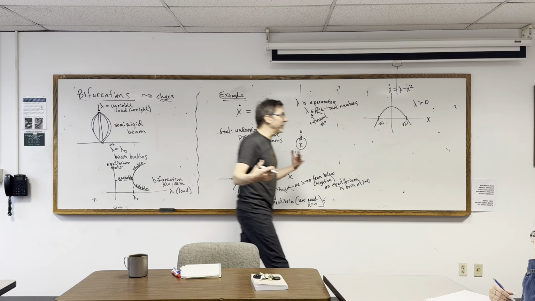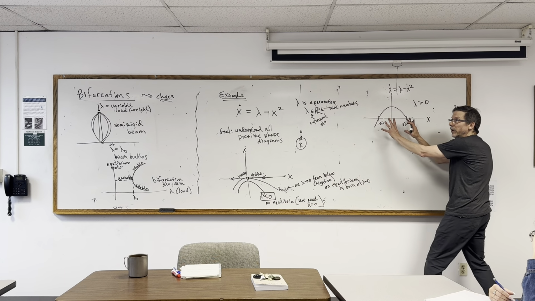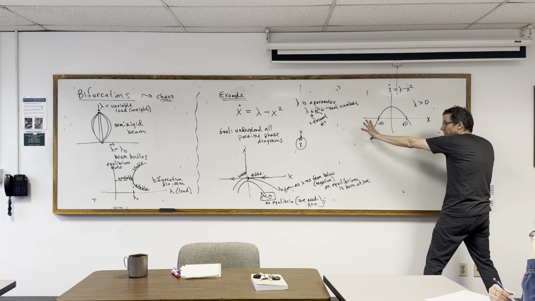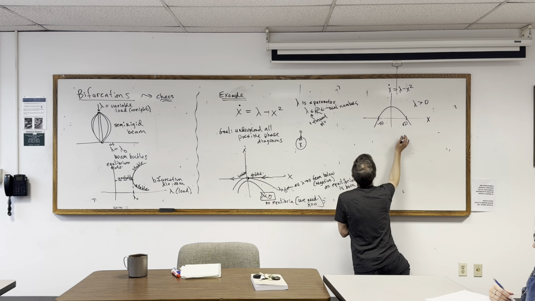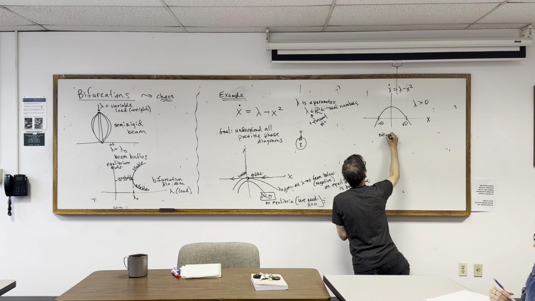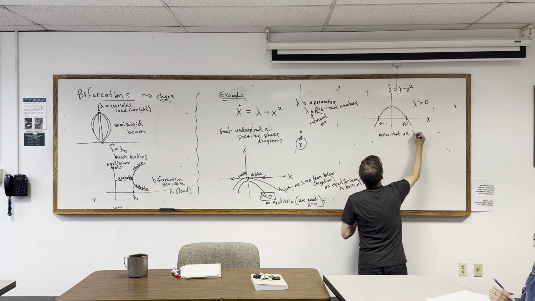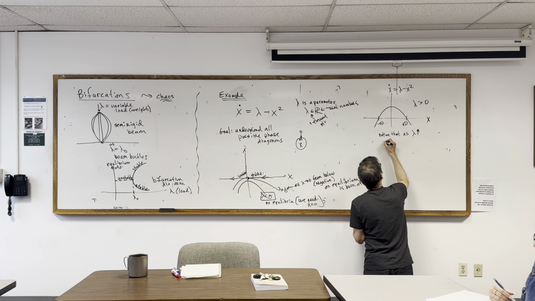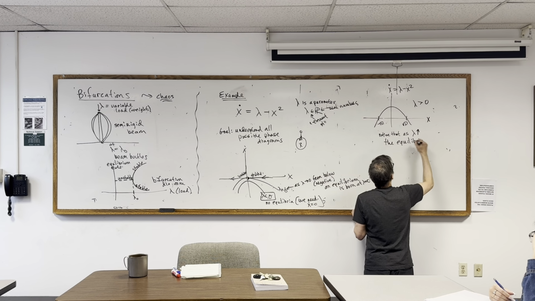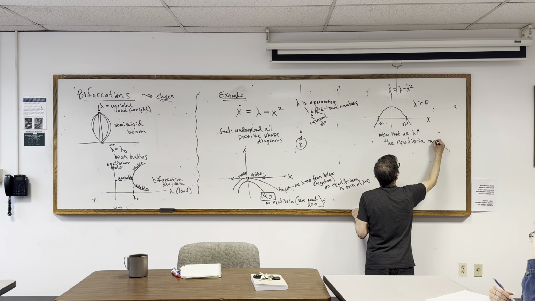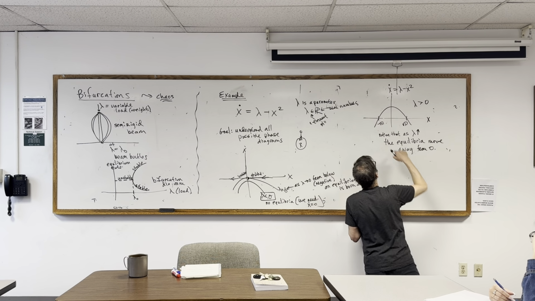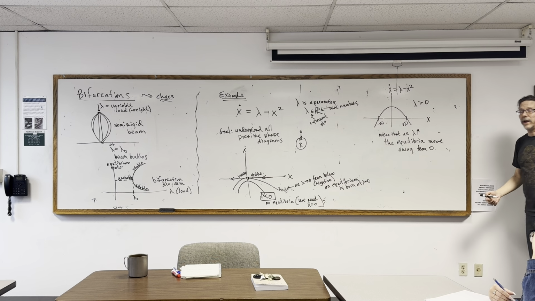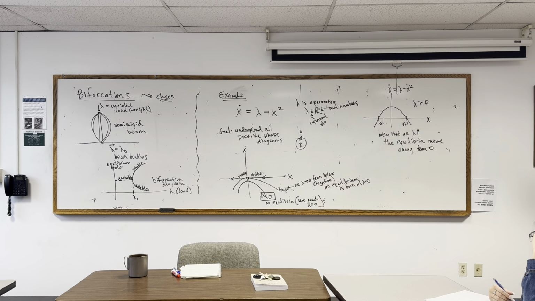So watch what happens as lambda gets bigger. As lambda increases, these move apart. Let's make some notes here, and then let's make a bifurcation diagram. Notice that as lambda increases, the equilibria move away from 0. Now we've got these equilibria, what is their nature? Are they stable or unstable? Could you please take a moment and classify those equilibria?